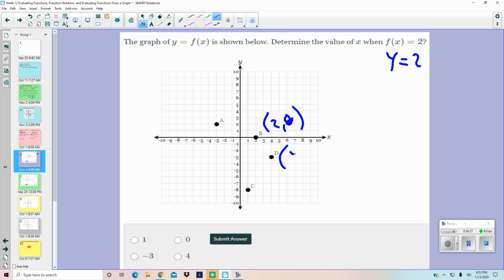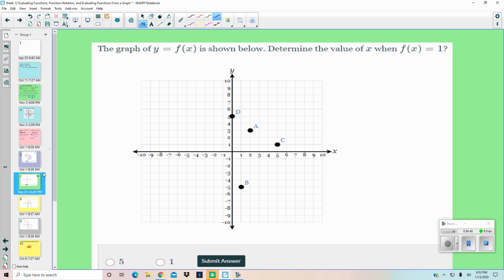This ordered pair is 4, negative 2. This ordered pair is 1, negative 8. And this ordered pair is negative 3, 2. Okay, so which one has a y value of 2? Well, that would be A, and the x value is negative 3.